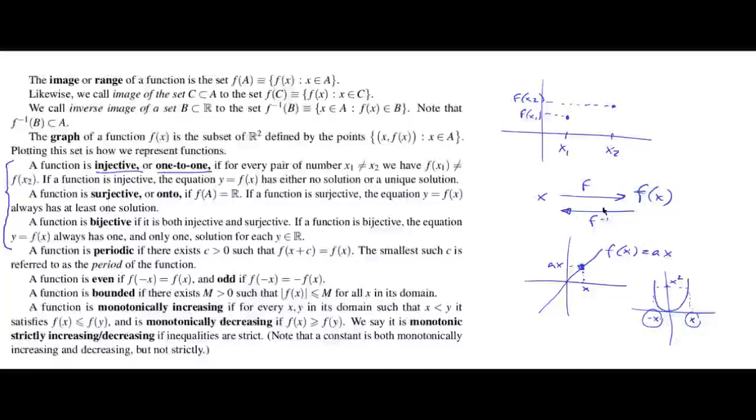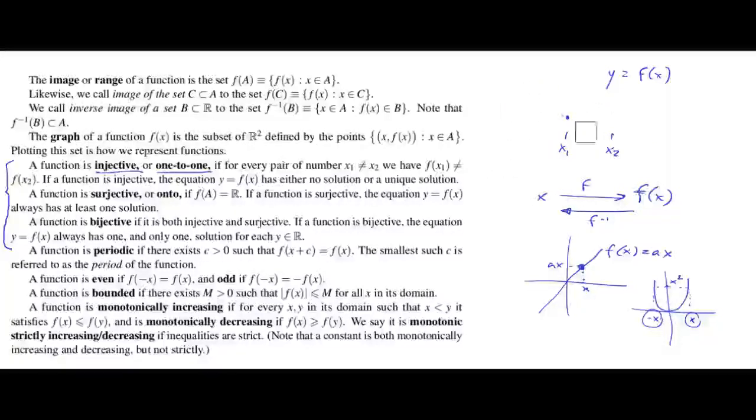So for the equation y equals f of x, in injective functions you have only one solution if there is a solution. In functions that are not injective, you could have more than one solution. If I say y is equal to x squared, there are two solutions for that equation.